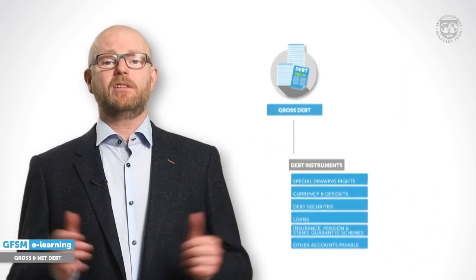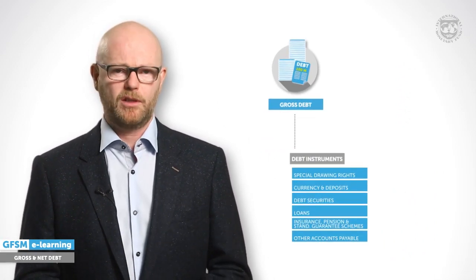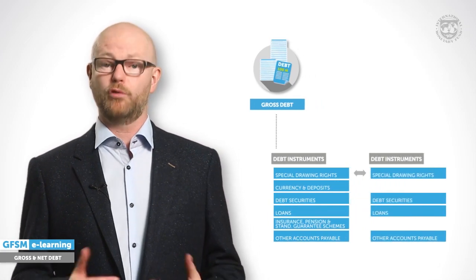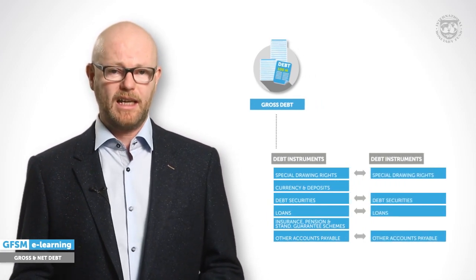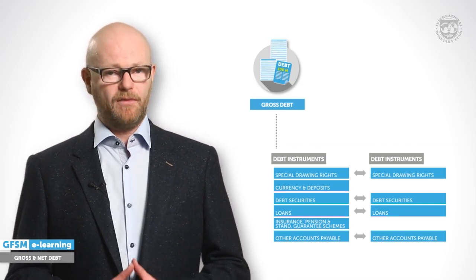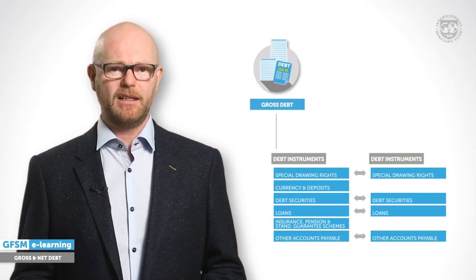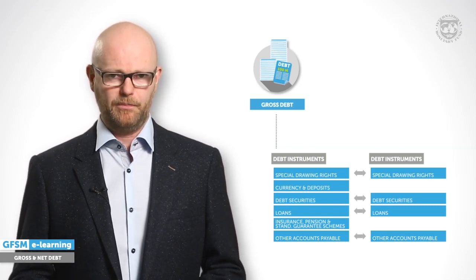The good news is that presentation techniques have been developed to allow for international comparison between countries that compile gross debt with a limited set of debt liability instruments. Most importantly, the GFSM framework lays out the categories to report debt liabilities on the required level of detail.